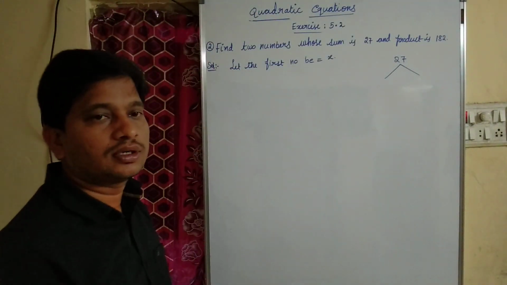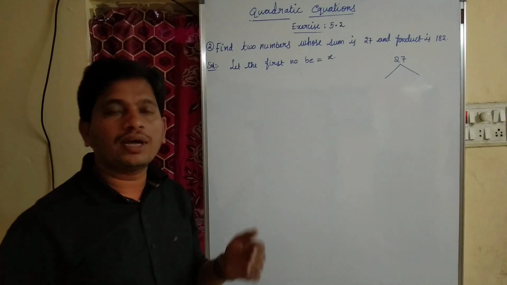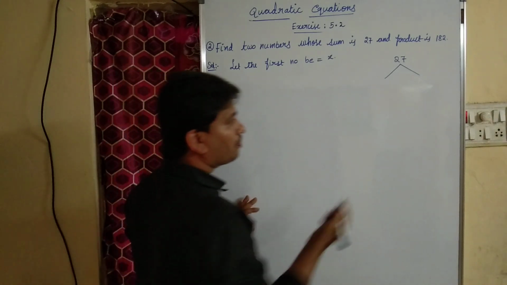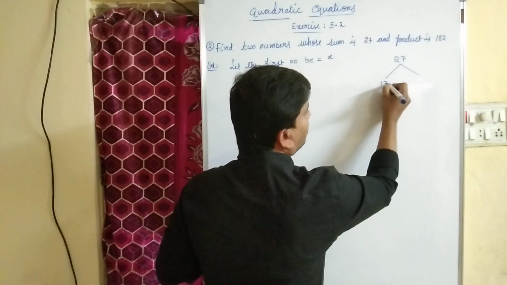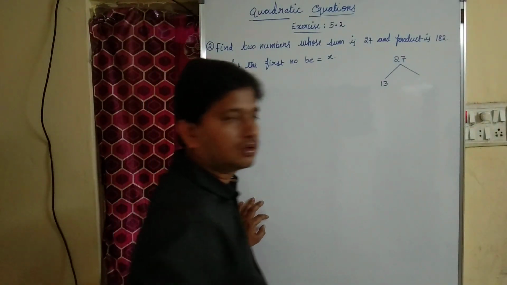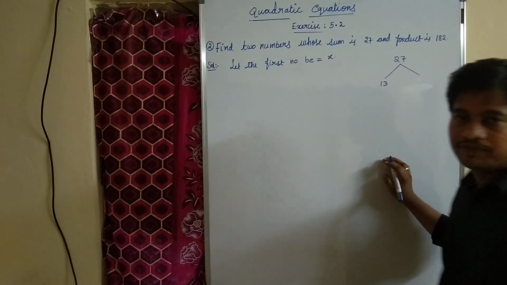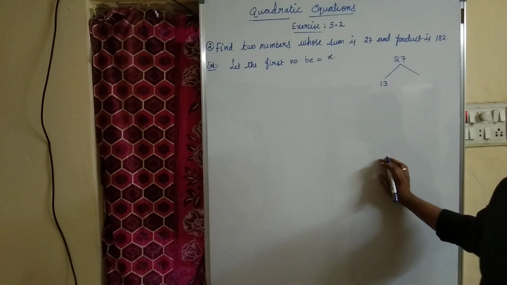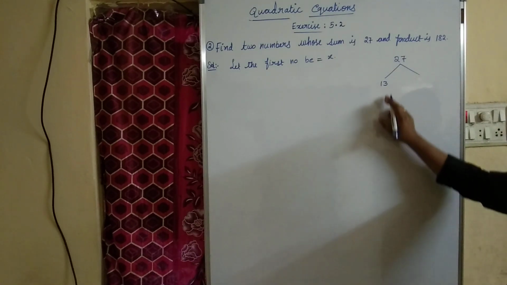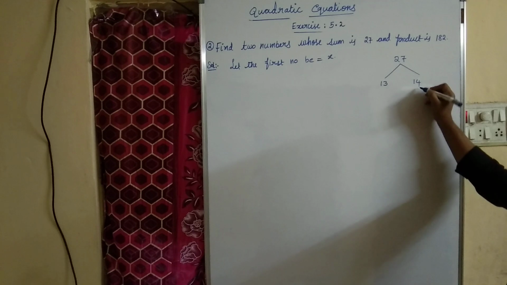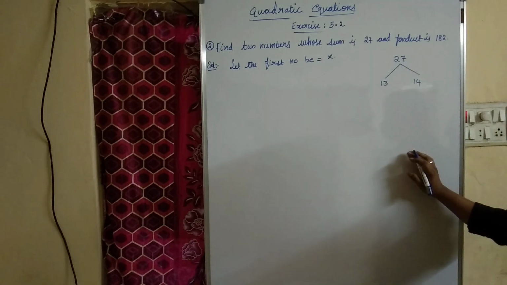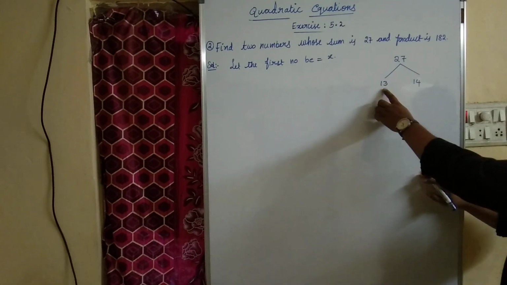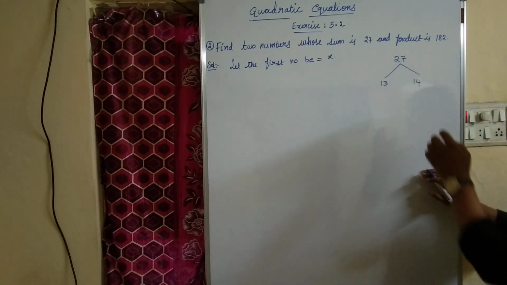Two numbers. Suppose, for example, one number is 13. What about the second number? Obviously 13 plus 14 you will get 27. Yes or no? 13 plus 14 is equal to 27.